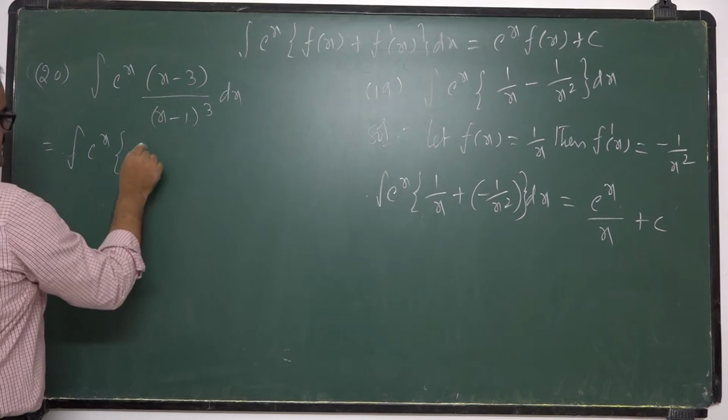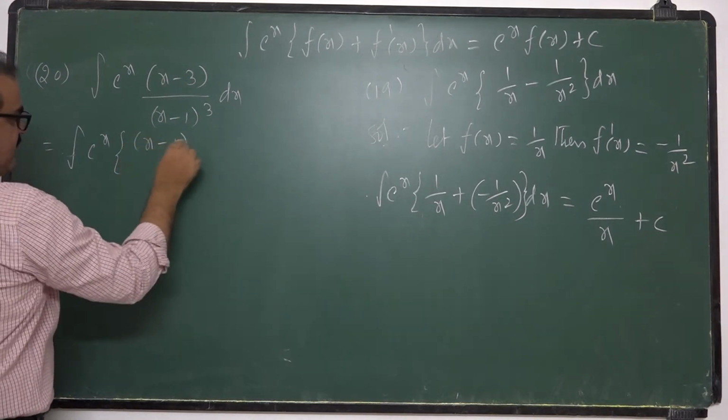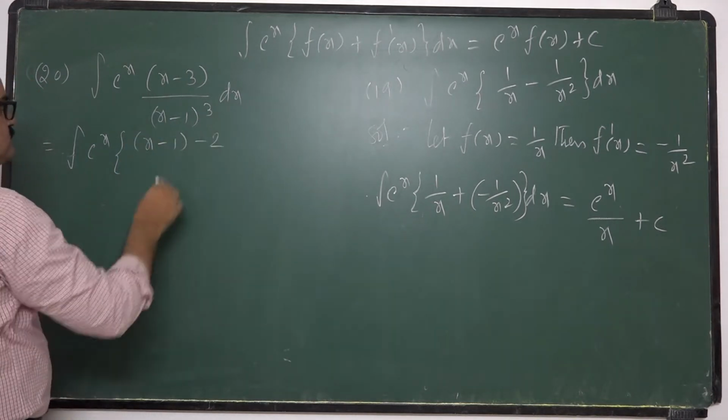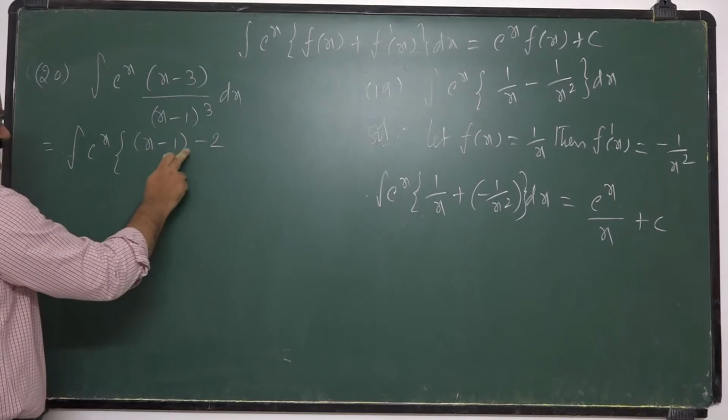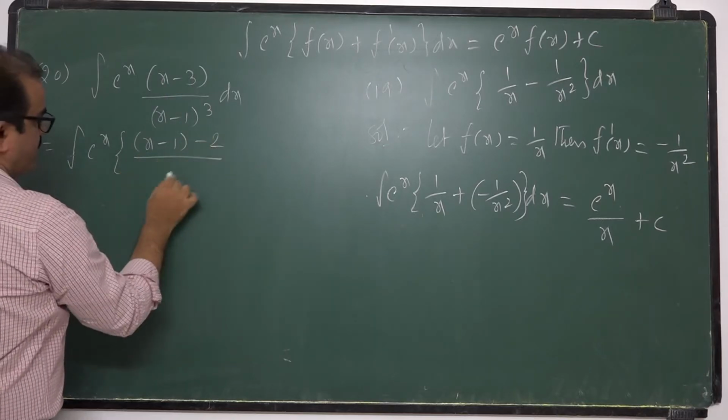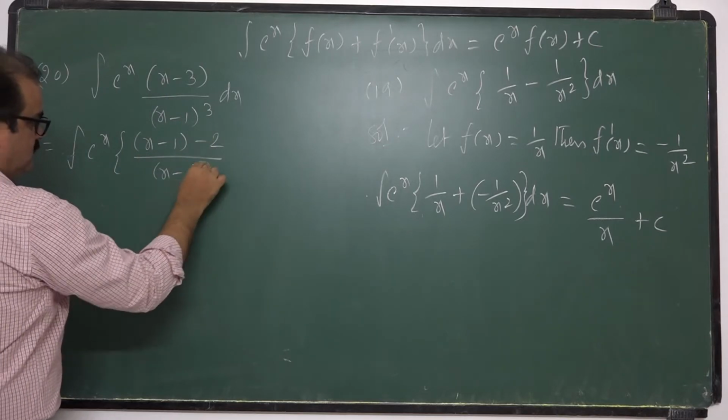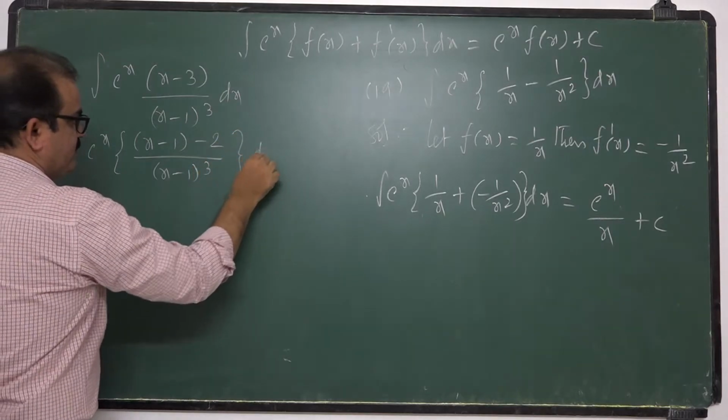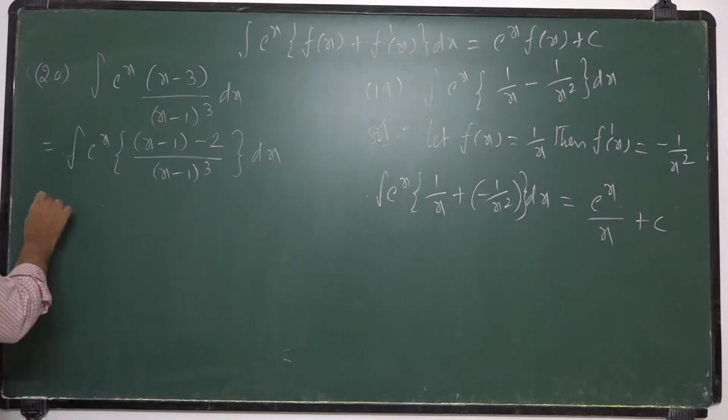This x minus 3 is written as x minus 1 minus 2. We write minus 3 as minus 1 minus 2, by (x minus 1) whole cube into dx.